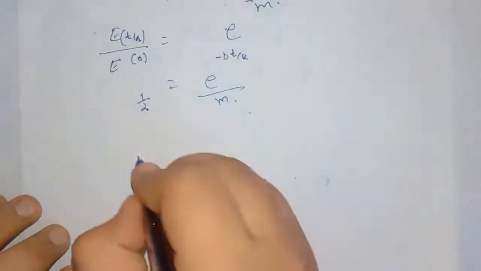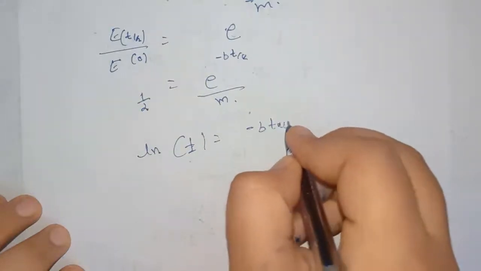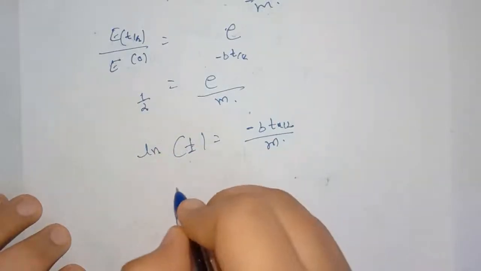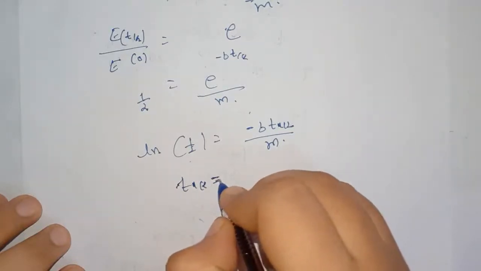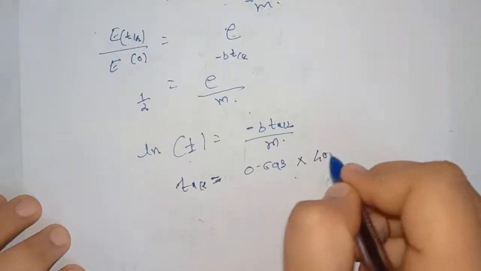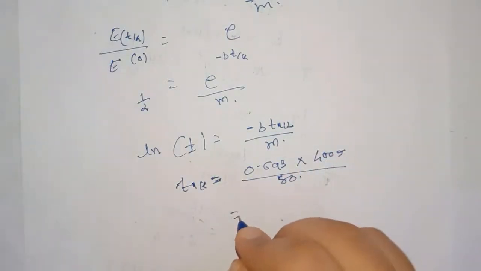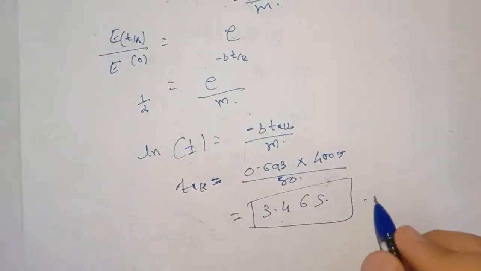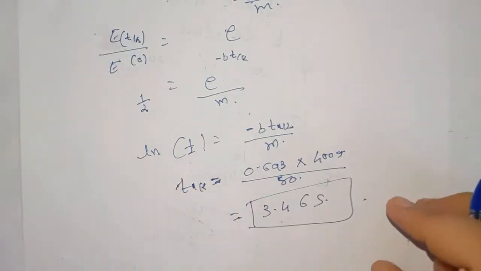Taking natural log both sides, we can write ln 1 by 2 is equal to minus b t half by m. Simplifying this, we will get t half is equal to 0.693 into 400 gram divided by b, that is 80 gram per second. So t half will be 3.46 seconds. So energy will be reduced to half of its value in 3.46 seconds.